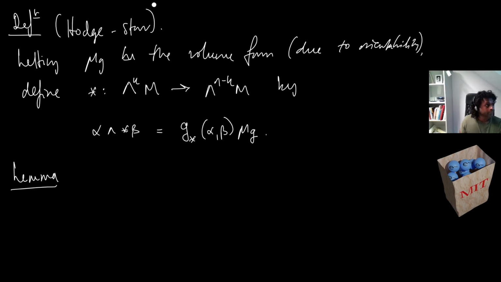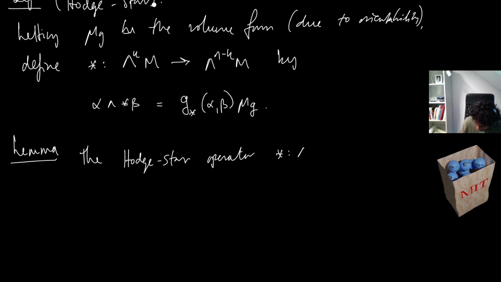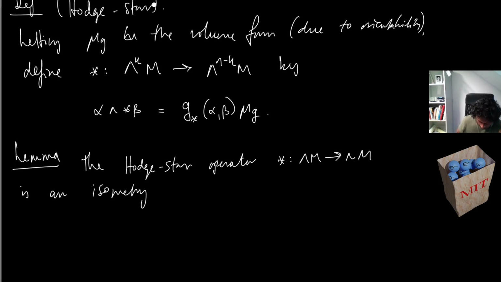So now the point is that the Hodge star operator is an isometry. Well, maybe I shouldn't say that.